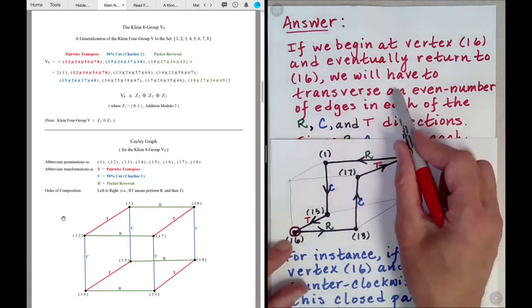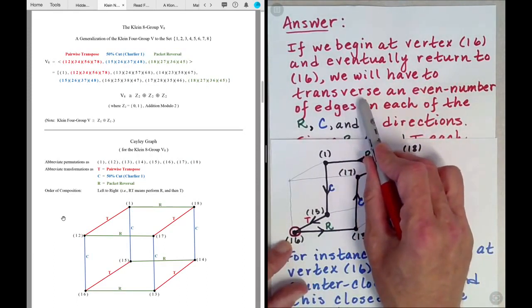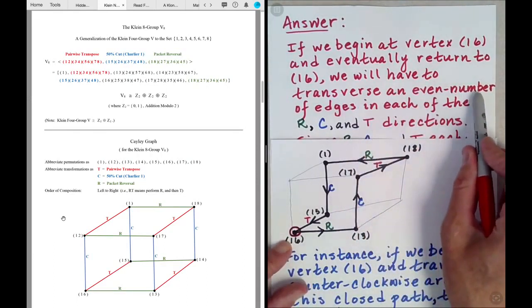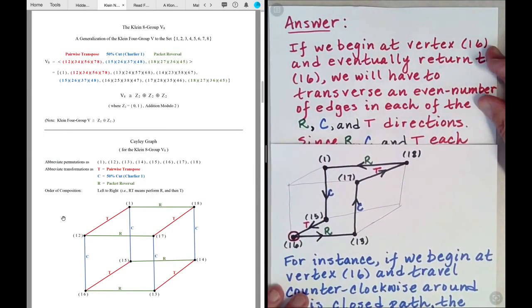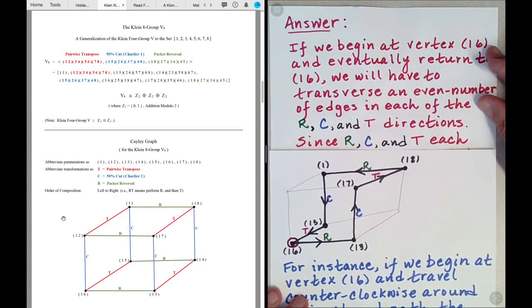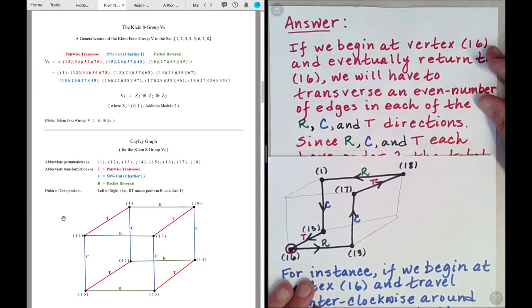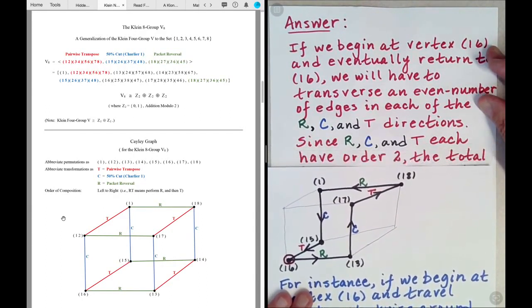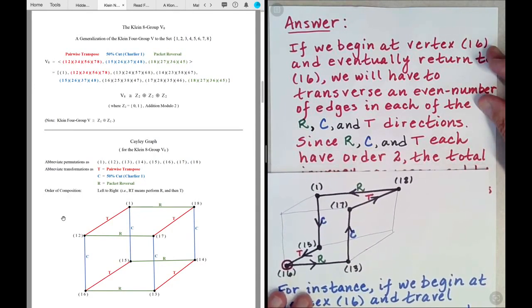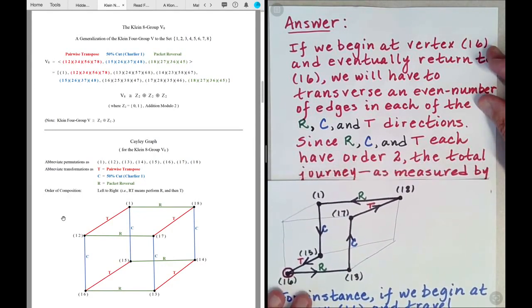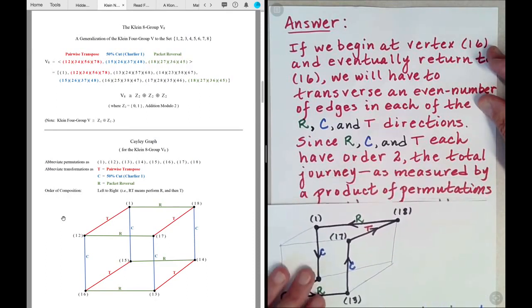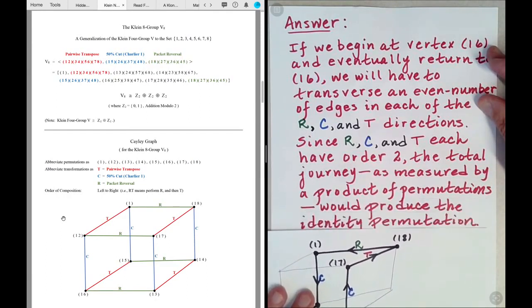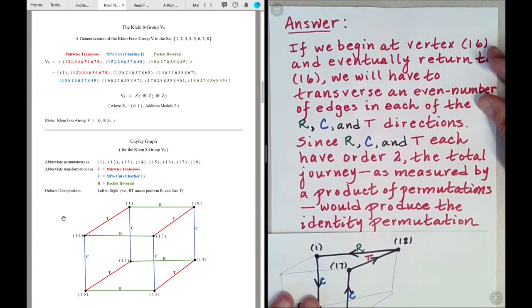We will have to traverse an even number of edges in each of the R, C, and T directions. Since R, C, and T each have order 2 as permutations, the total journey, as measured by a product of permutations, would produce the identity permutation.